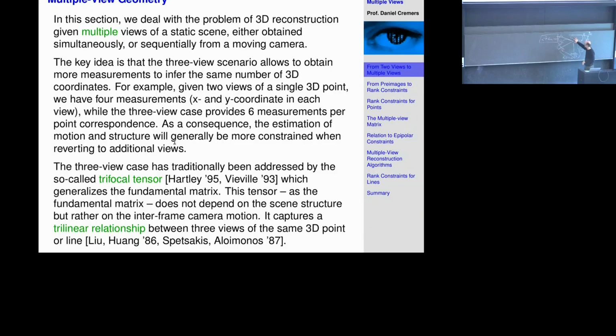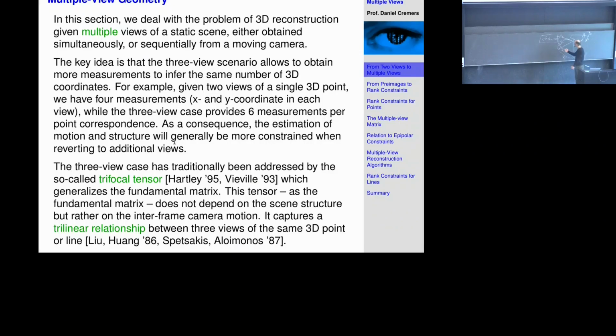For every point that I see, 3D point, I get 3 unknowns, right? But for every image that I see from that point, I get 2 knowns, right? So obviously from a single image I cannot reconstruct, because I have 2 measurements and 3 unknowns.